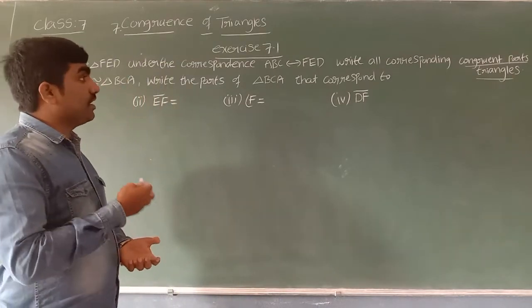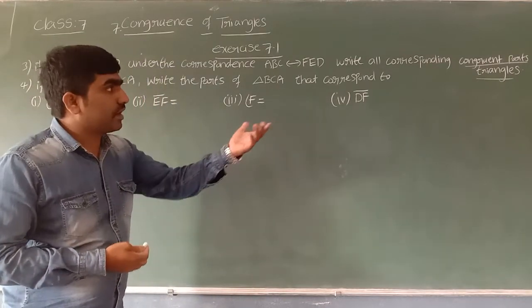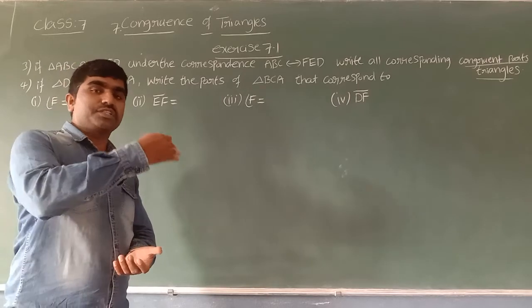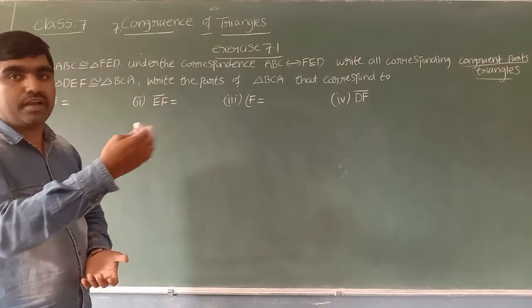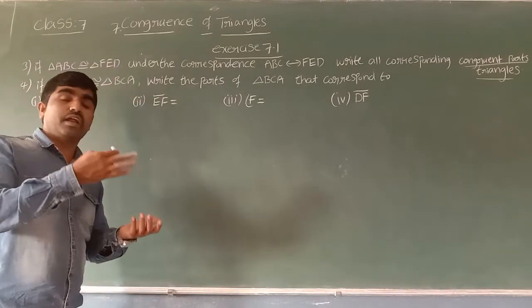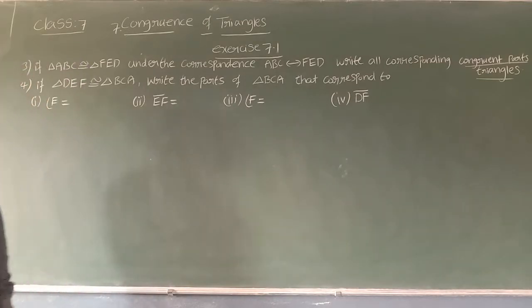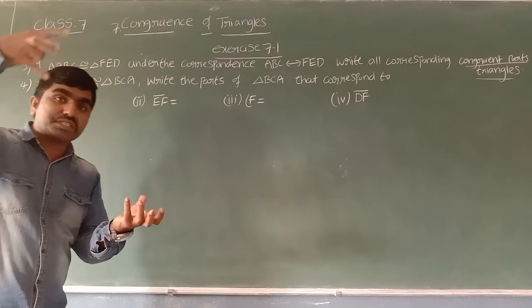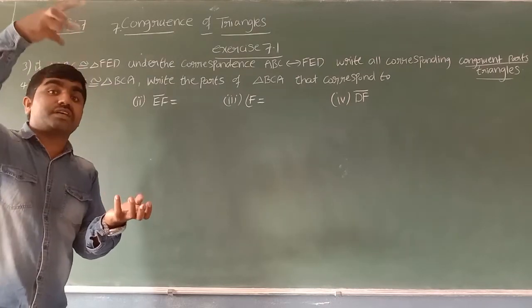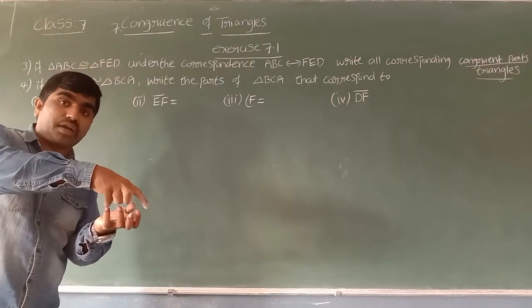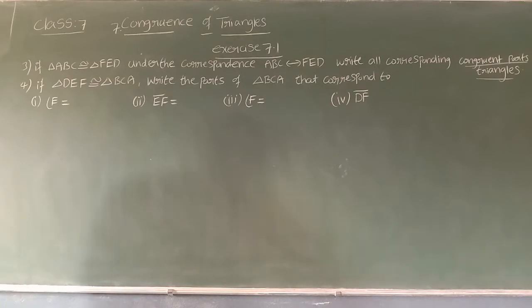When two triangles are congruent, the congruent parts are their corresponding sides and corresponding angles. As I said, corresponding sides are equal, corresponding angles are also equal. It means sides will fit exactly and angles will also fit exactly when we keep one triangle over the other triangle.